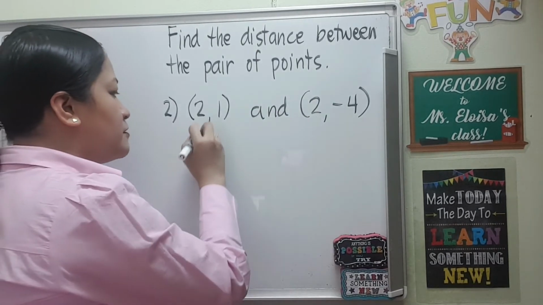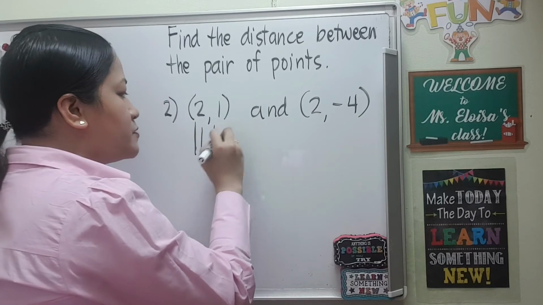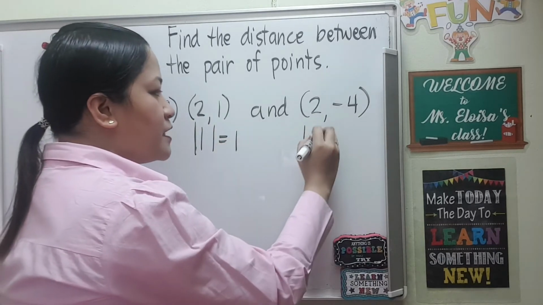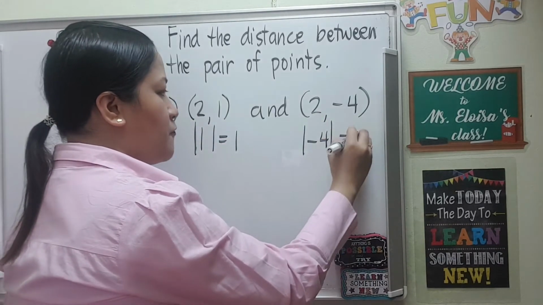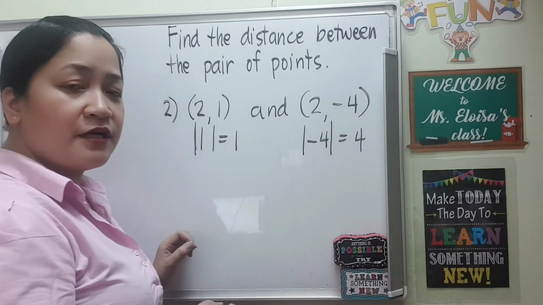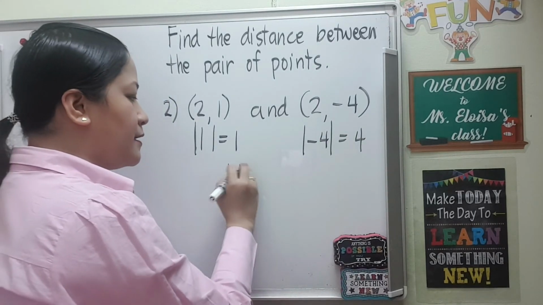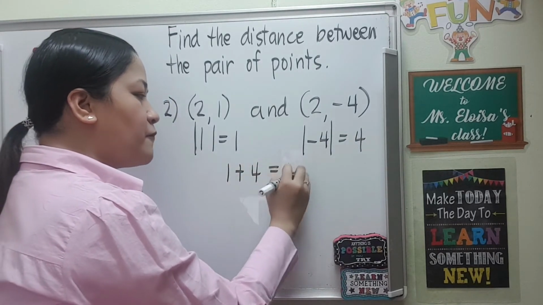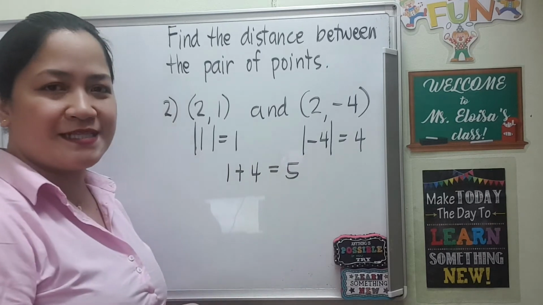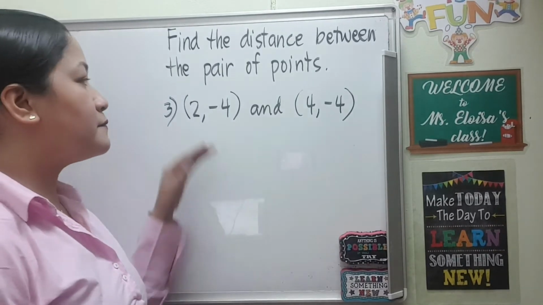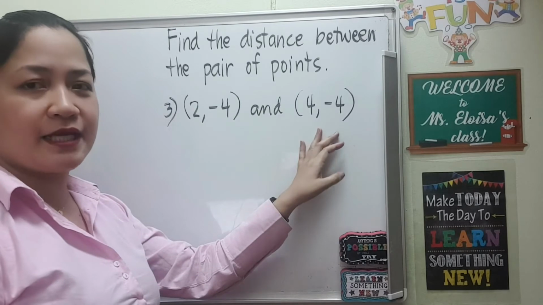So we have absolute value of 1, which is 1, and then absolute value of negative 4, which is 4. Since they are on different quadrants, then we are going to add them, giving us 1 plus 4, that is 5 units. Number 3, we have 2, negative 4 and 4, negative 4.